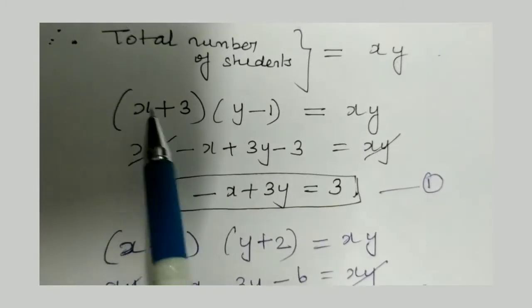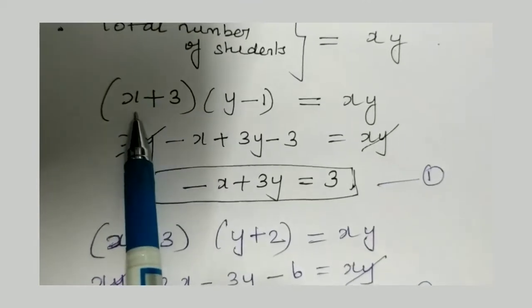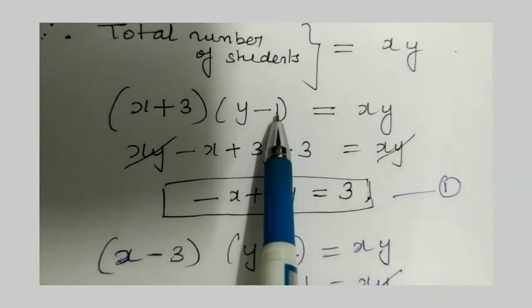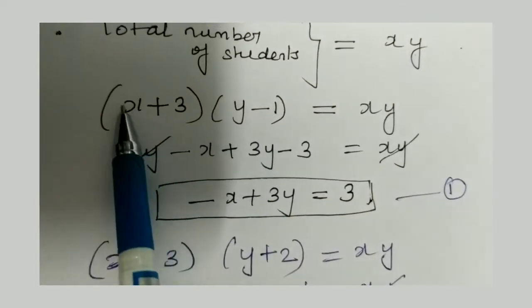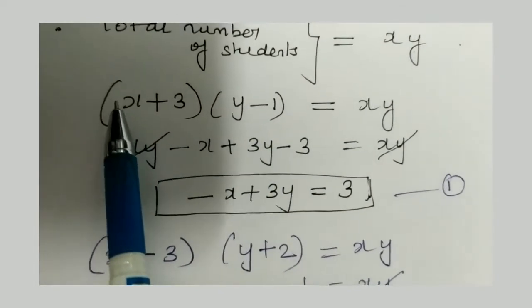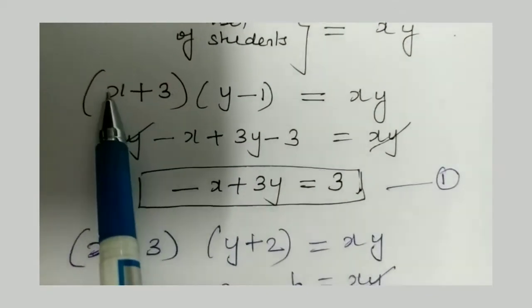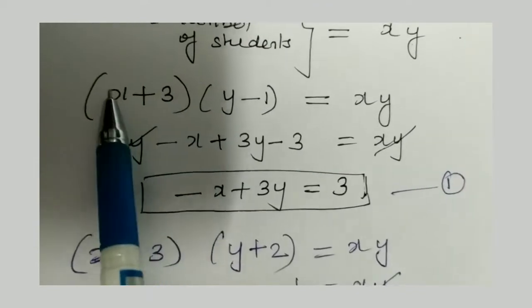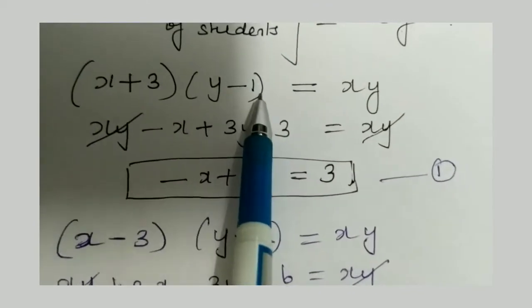How will you frame it? When 3 students are extra in one row, the number of rows is reduced by 1. Suppose already X students are there in a row. When 3 students go and join that same row, 3 students are extra in a row, which means automatically the number of rows will decrease.